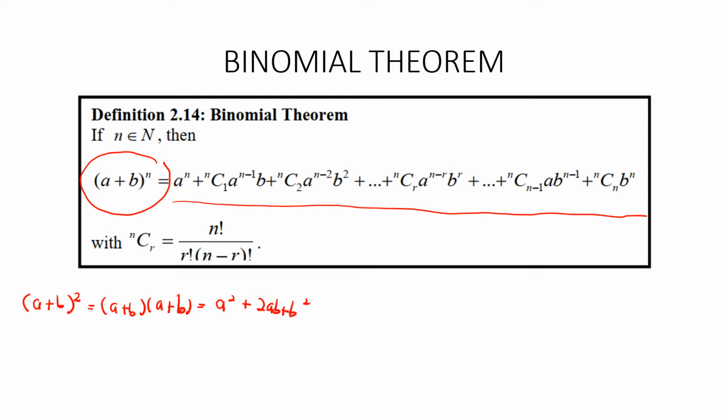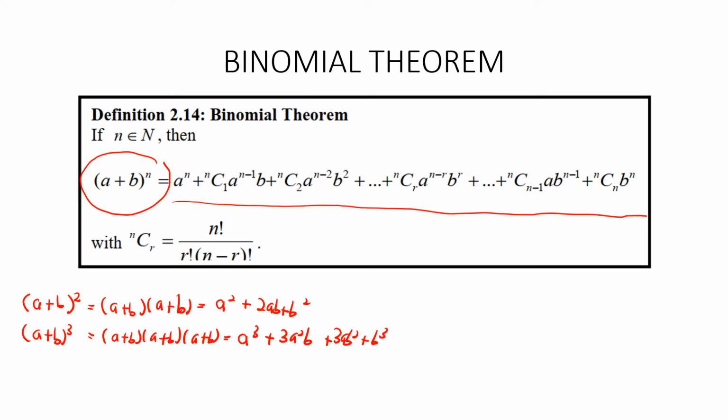How about (a plus b) power of 3, a plus b cubed? You can find it by (a plus b) times (a plus b) times (a plus b). You will get a cubed plus 3a squared b plus 3ab squared plus b cubed.